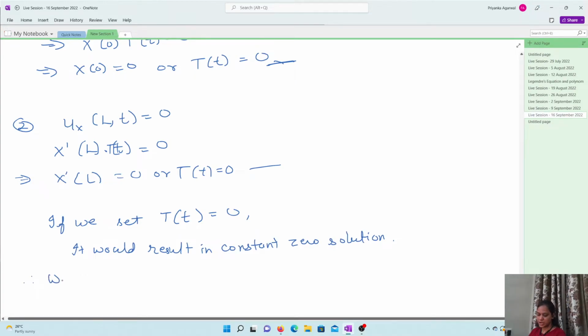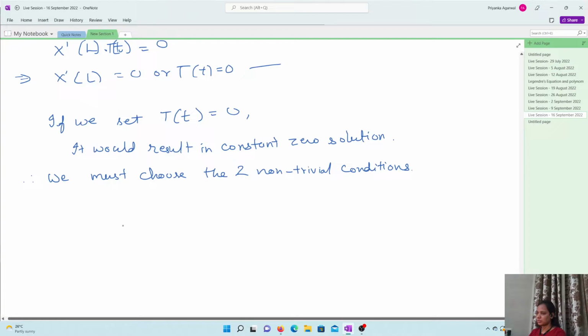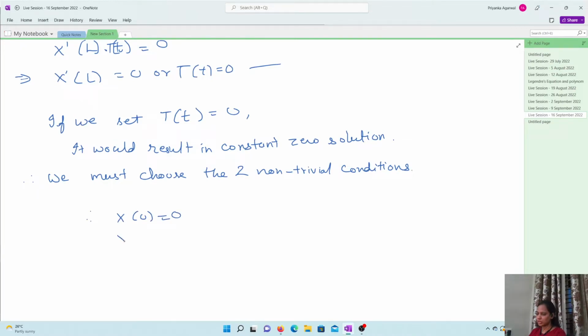Therefore, we must write it in the non-trivial form. So we must choose the two non-trivial conditions. Therefore, X of 0 equals 0 and X dash at L equals 0.